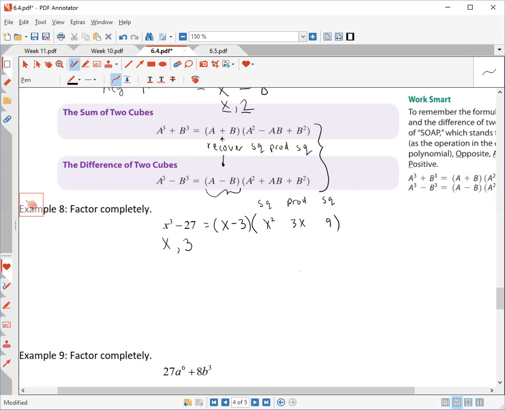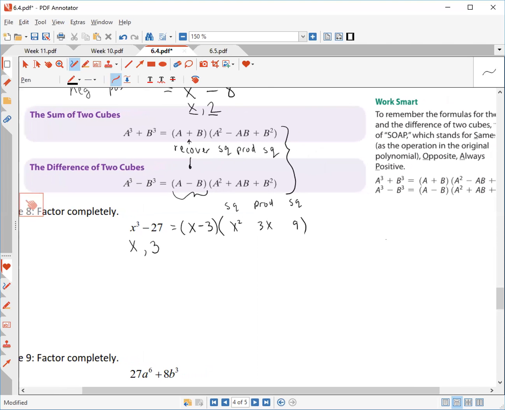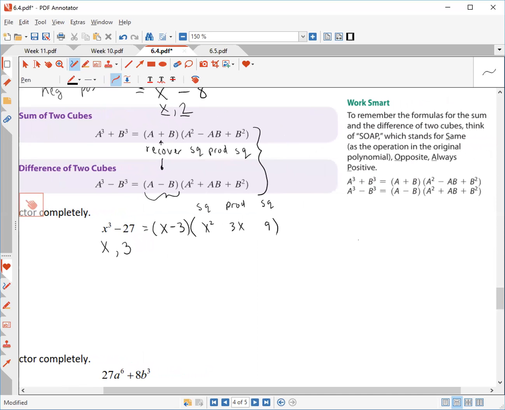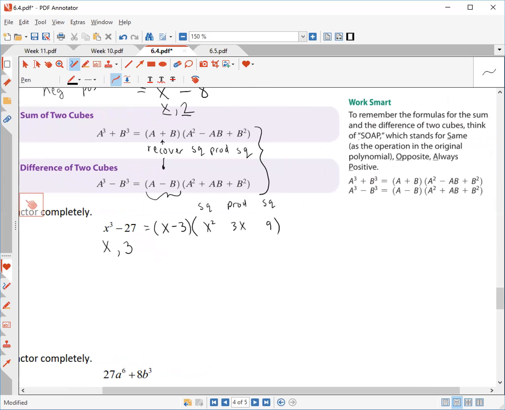They're all going to go like that. Recover your two pieces, square, product, square, and then the signs are determined by what we call SOAP. SOAP stands for whatever the first sign is in the difference of cubes or sum of cubes, we use that same sign, S. So if it's a plus, you use a plus.